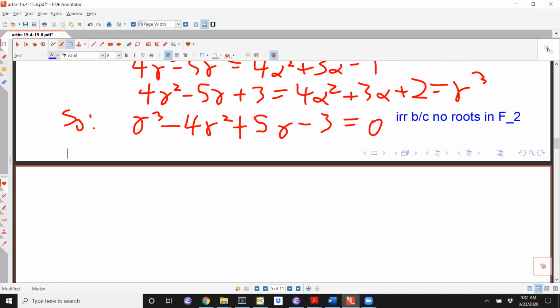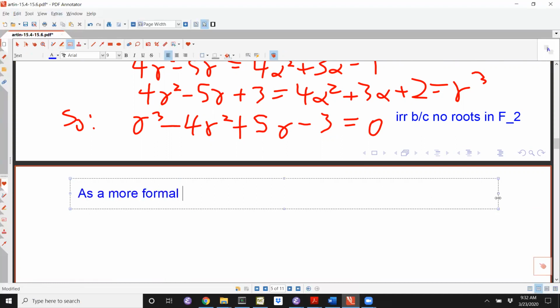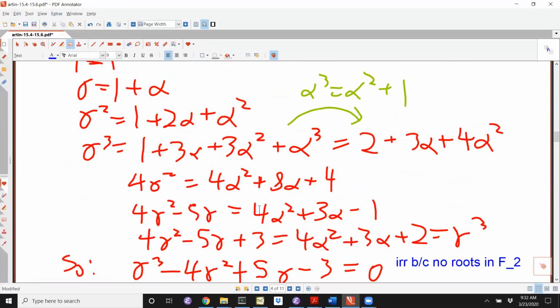As a more formal linear algebra problem, you set this up as follows.